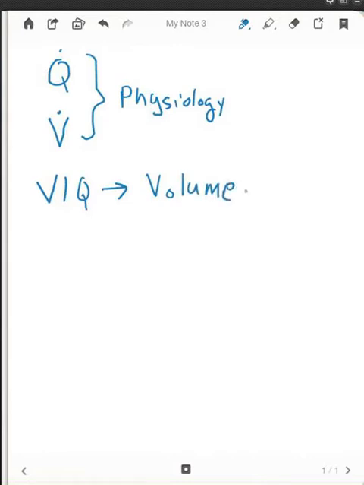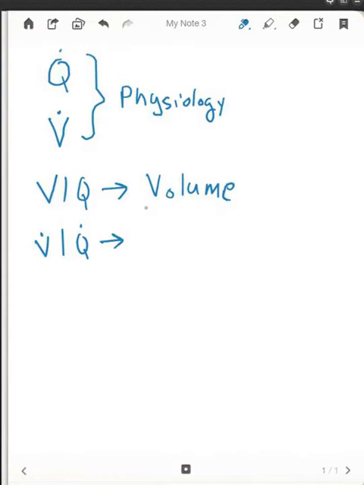Then a V dot or Q dot is, if you know calculus, a time derivative, a first derivative with respect to time. But in a non-calculus concept, it's a very practical concept.